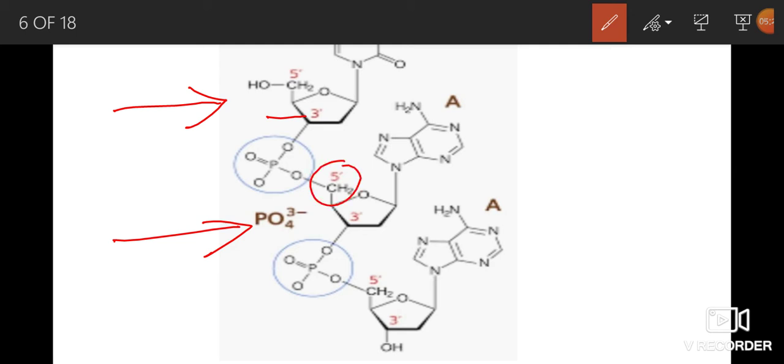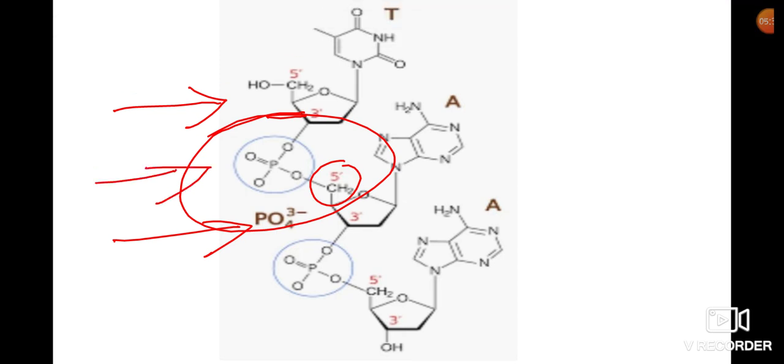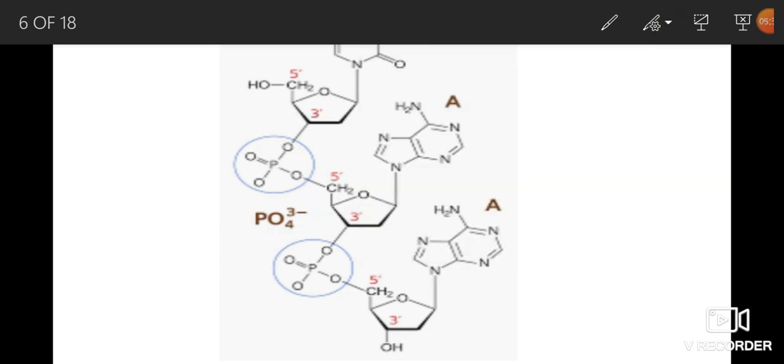In between these two carbons, phosphodiester bond is formed. This is phosphodiester bond. So it is formed in between third carbon of the one pentose sugar and fifth carbon of the other pentose sugar.